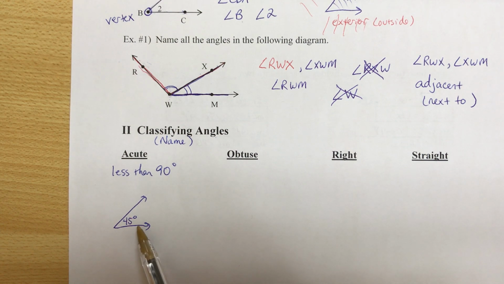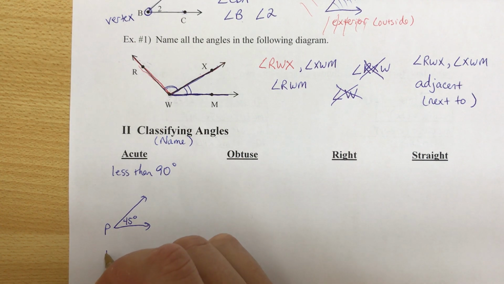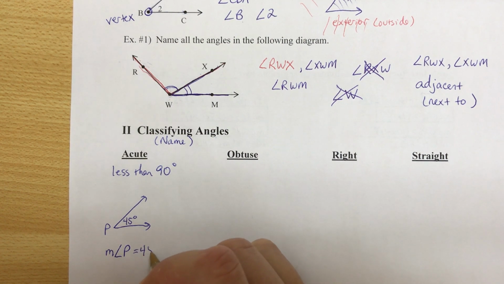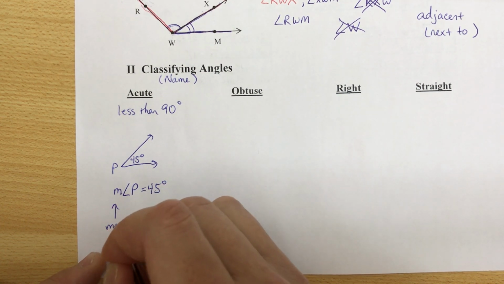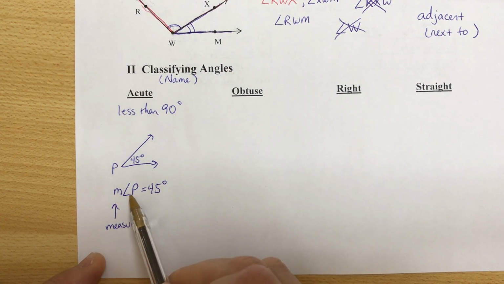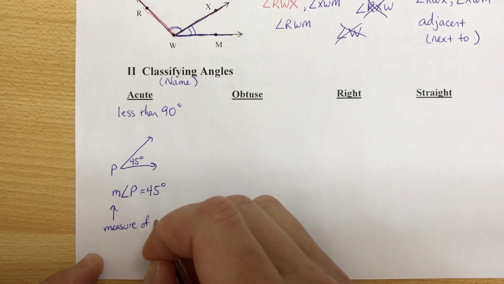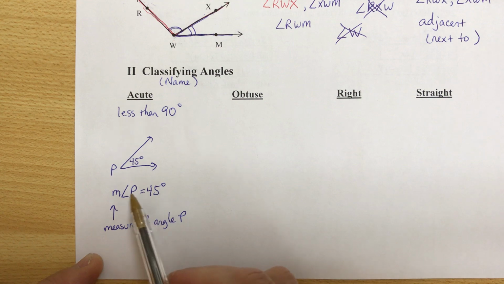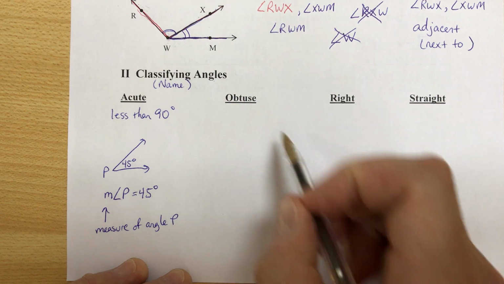If we call this angle P, we would say M, angle P, equals 45 degrees. That M stands for measure. So the measure of angle P is equal to 45 degrees. Now, in some books, they won't put the M, they'll just say angle P equals 45 degrees. That's also okay. So acute, less than 90.